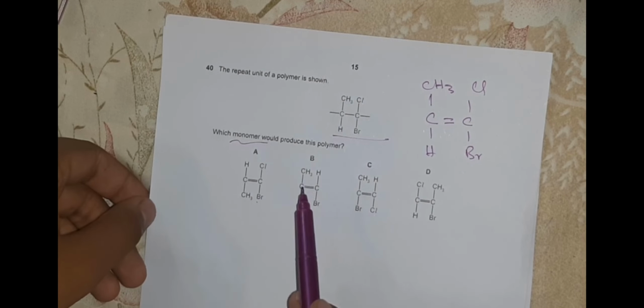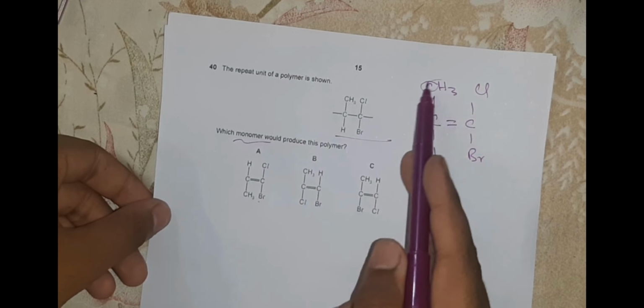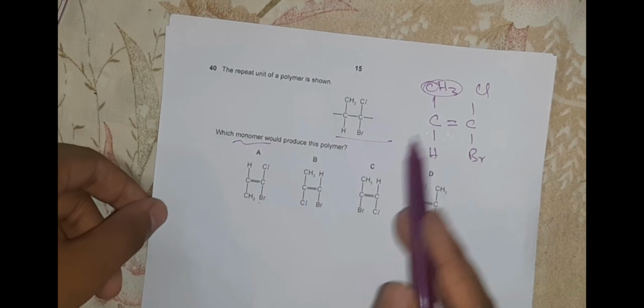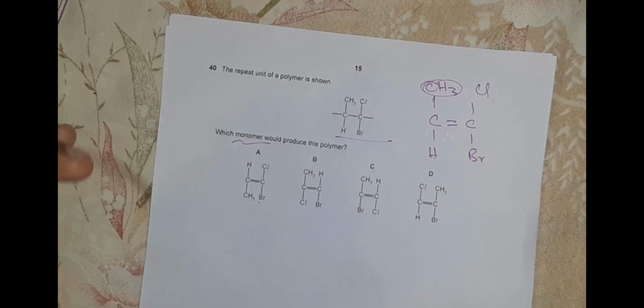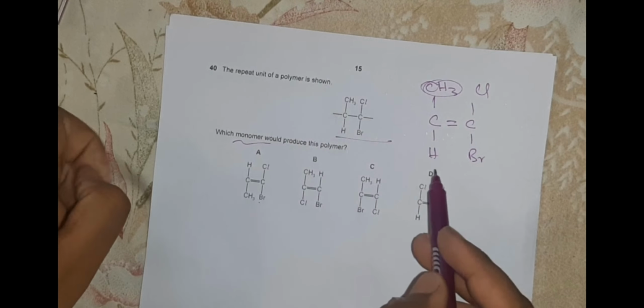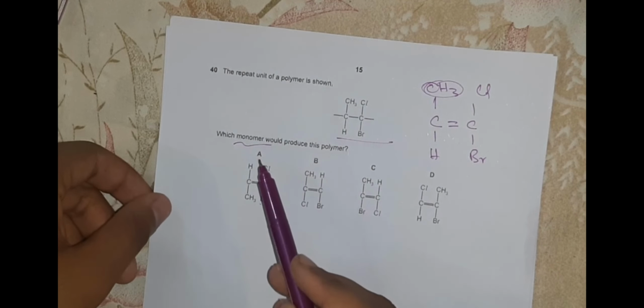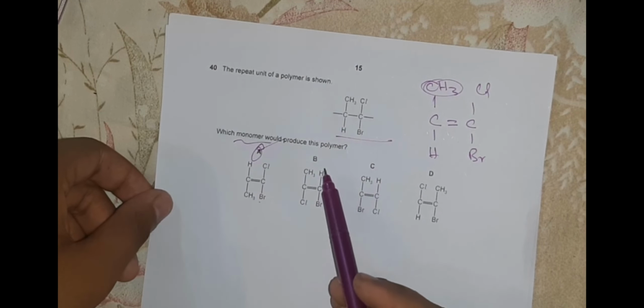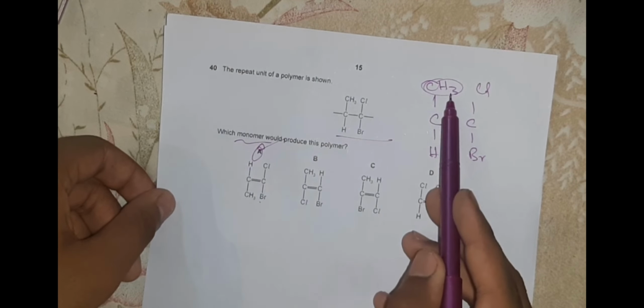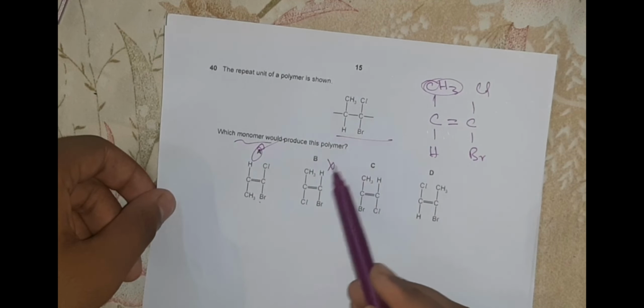So here the positions of these groups are changed. Maybe there can be an interchange here and there, but the position will be the same. So here CH3 is opposite of hydrogen. Here CH3 is opposite of hydrogen. Cl is opposite of bromine. Cl is opposite of bromine. A is correct. But if we look at B, the CH3 is opposite to chlorine. That is wrong. So position has been changed. B is wrong.